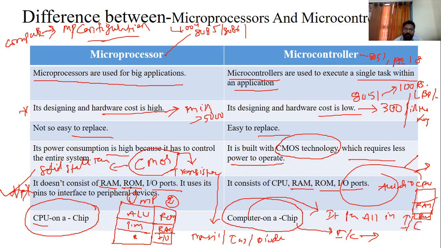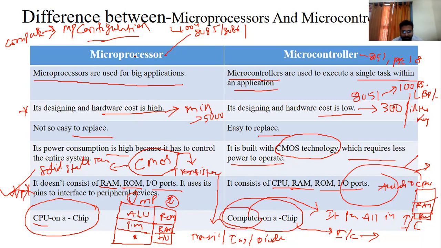Here, a microcontroller is an entire chip with all the different things: RAM, ROM, and IO are inbuilt. That's why a microprocessor is called a CPU on a chip, and a microcontroller a computer, as it can perform all the operations.